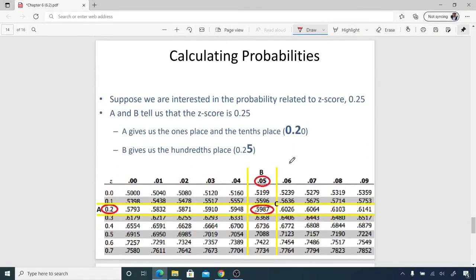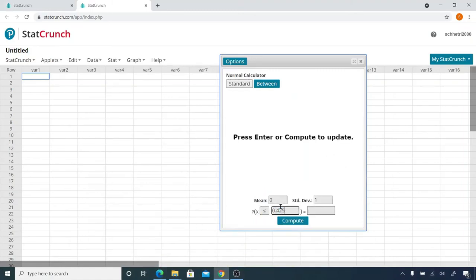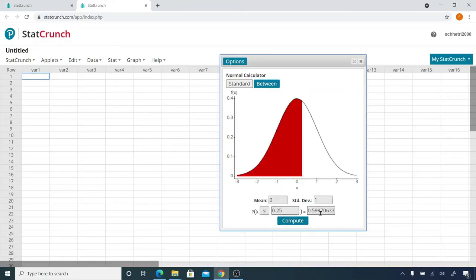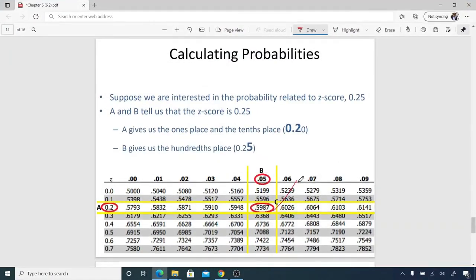Just to continue, similarly for 0.25, I'm looking at 0.2 and 5, which gives 0.5987, which is right there.